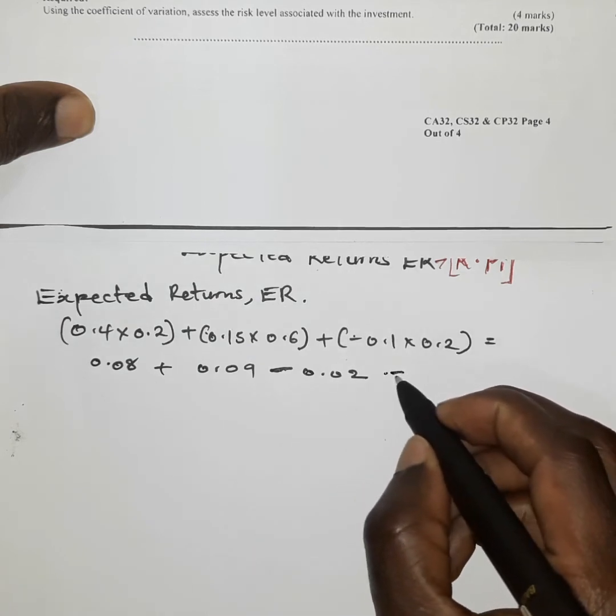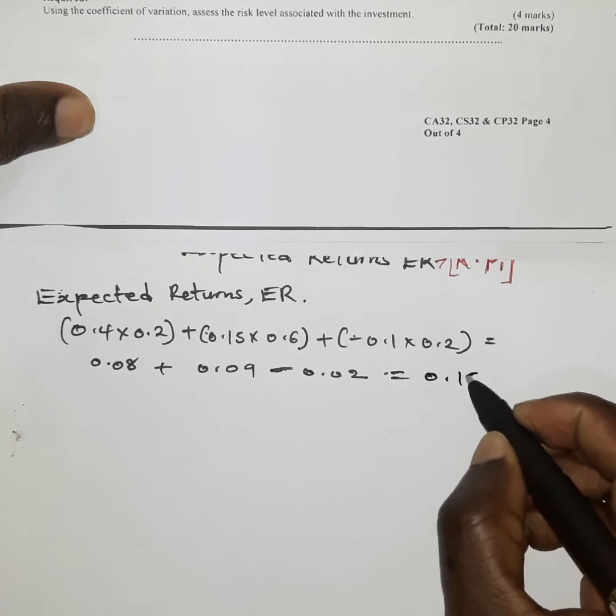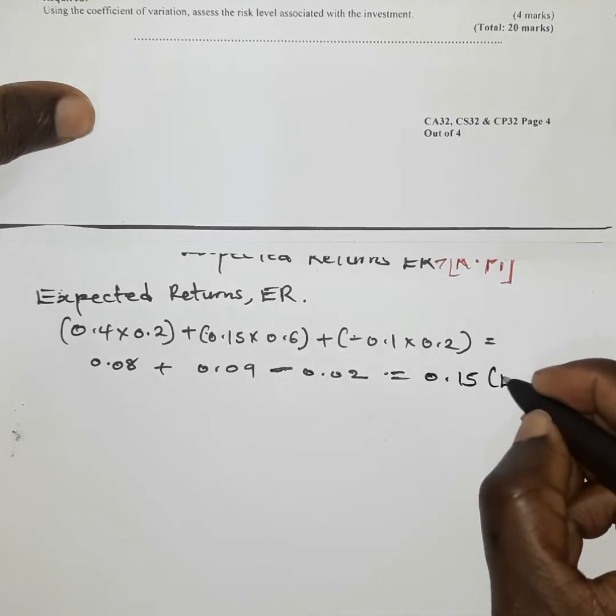So when we work everything here, we get 0.15. Now this one is our expected returns.